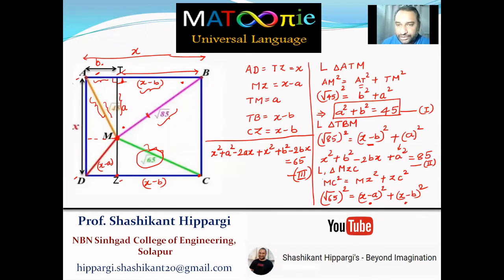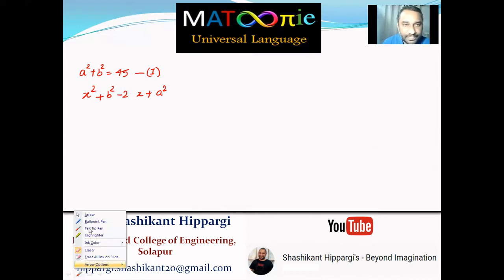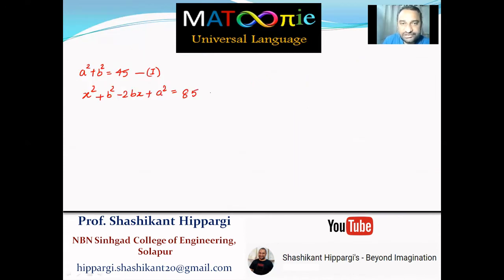Then equation number 2 is, if you look at this, x square plus b square minus 2bx plus a square equal to 85. It is given as 85. Okay, so call this equation number 2.